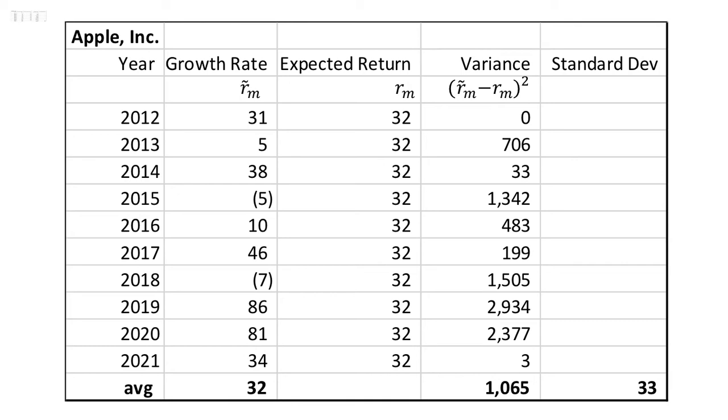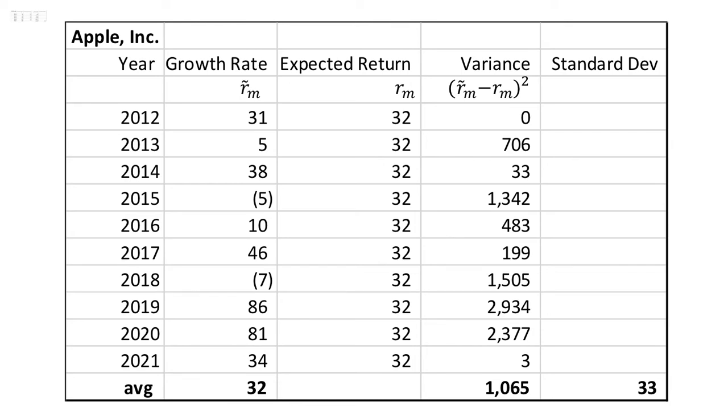Once I have my variances for each of the 10 years, I total them up and I get a total variance, which I then divide by the number of years. So take the total, divide by 10, except you don't divide by 10, you divide by 9 because of the degree of freedom. You divide the total variance by n minus 1 years.